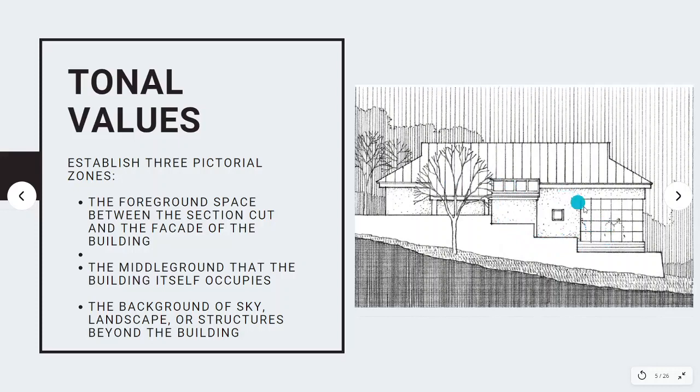So mo na middle ground, and then ang background which is ang sky or ang mga landscape nga nasa behind the structure. Okay, so basically mo na. So mga tonal values mura po na para manindot mas manindot tanawa to building or mas makasabot ta unsa na nga building, okay?